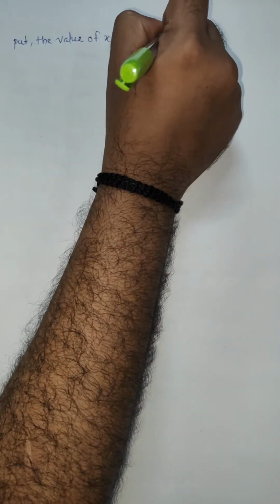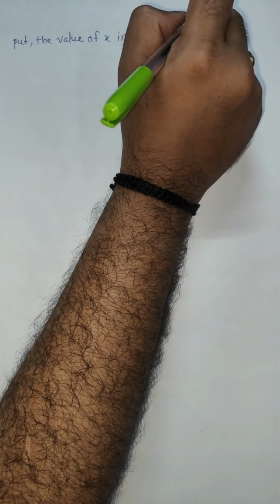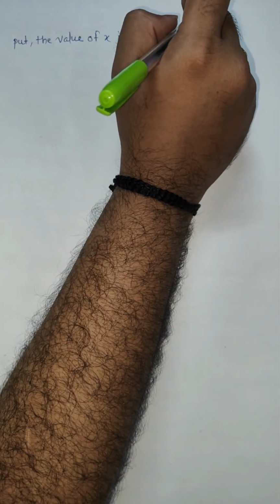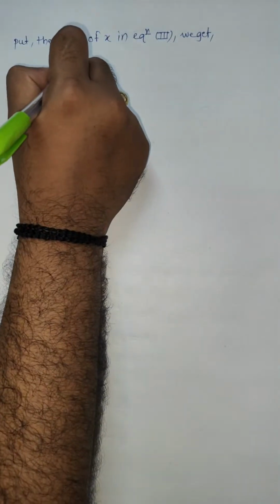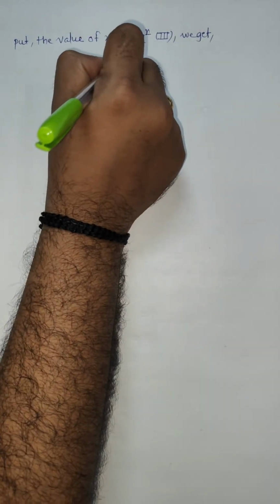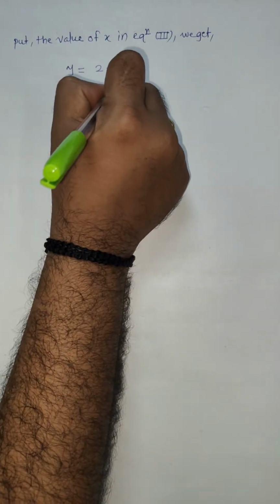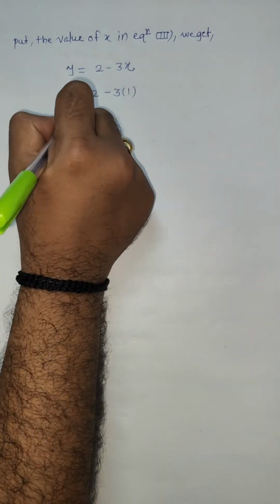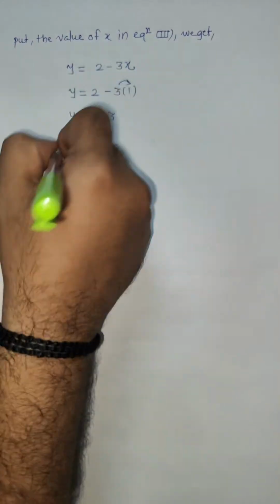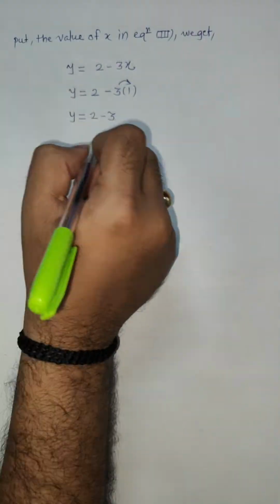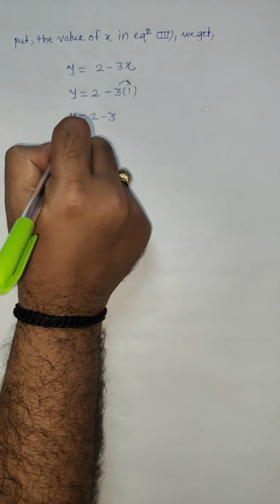In equation 3, we get y is equal to 2 minus 3x. So y is equal to 2 minus 3 into 1. Here 3 into 1 is 3. 2 minus 3 is equal to minus 1, so the value of y is minus 1.